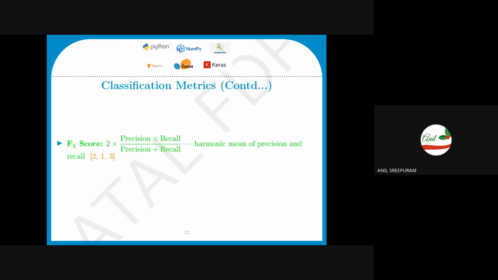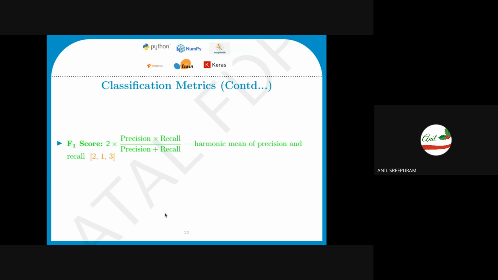And if one of them is low, then the harmonic mean is low. So by taking the harmonic mean of precision and recall, we are in fact combining precision and recall into a single value, which is a high value only if both precision and recall are high. If one of them is low, then the score will be low. Meaning that either the precision is low or the recall is low. So it's only a term which is used to compare, which combines the precision and the recall. And so these are the normal classification metrics.